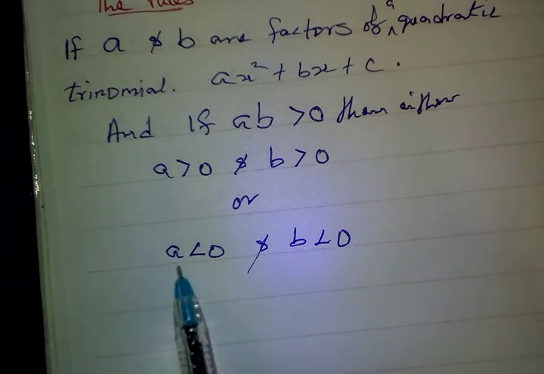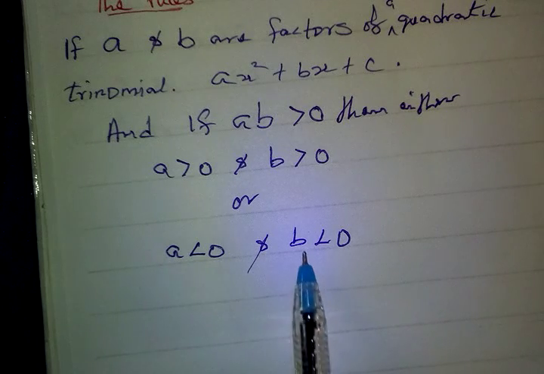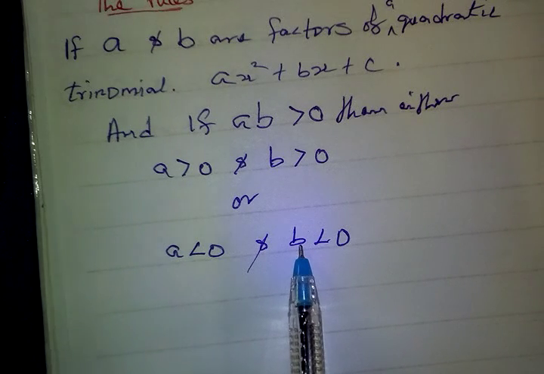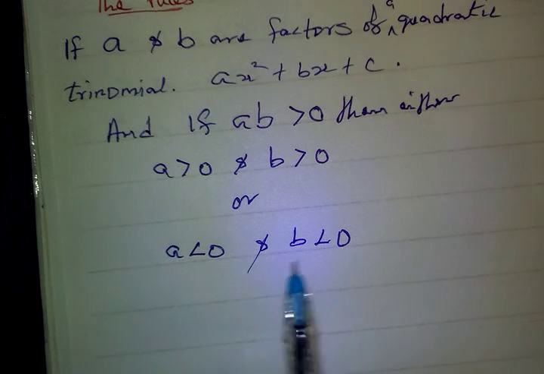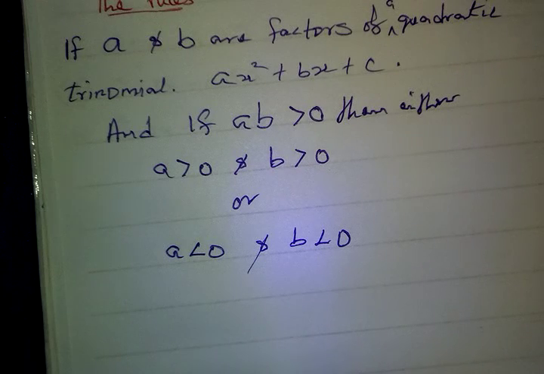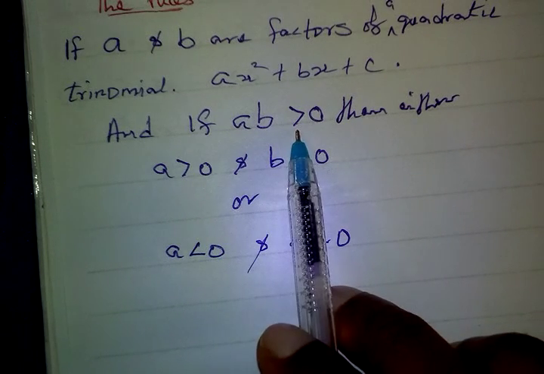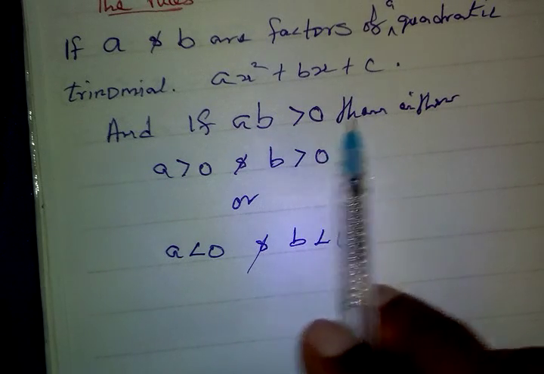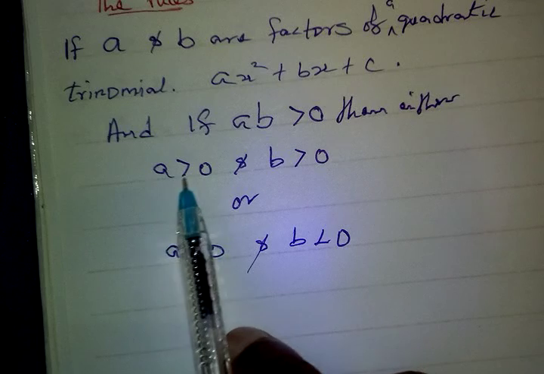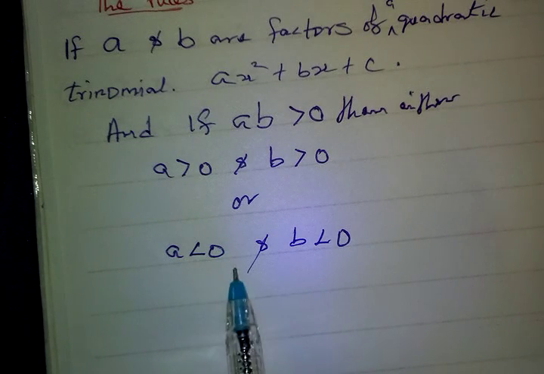Or we multiply a number less than 0, which is a negative number, and another number less than 0, which is also a negative number. That is, we multiply a negative and a negative to get a positive number. So this satisfies this statement: if ab is greater than 0, then either a is greater than 0 and b is greater than 0, or a is less than 0 and b is less than 0.